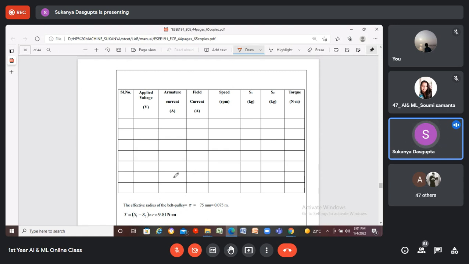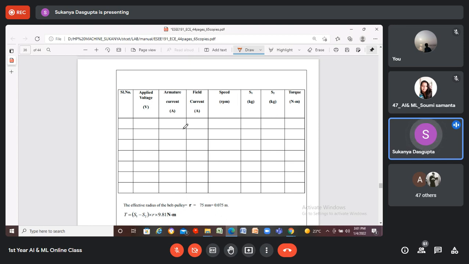And load will be given by these two, S1 and S2. Okay. And definitely with the change of the load as well as with the variation of the armature current, the speed will vary because we have seen already the speed is dependent on armature current, right? So speed will be measured by the tachometer.